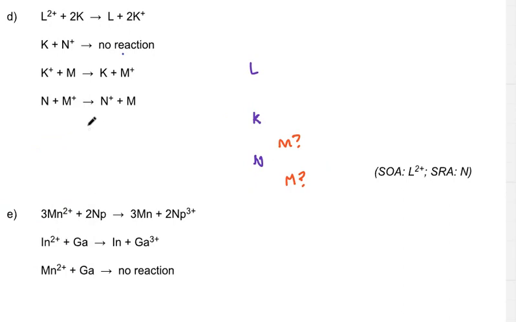And last thing, M tries to take electrons from N, and how does that go? M succeeded because there was a reaction, so M is higher than N. That means this is not the case, and this one is. M goes in the middle there. In other words, M goes like that, and I'll lose these extra notes.